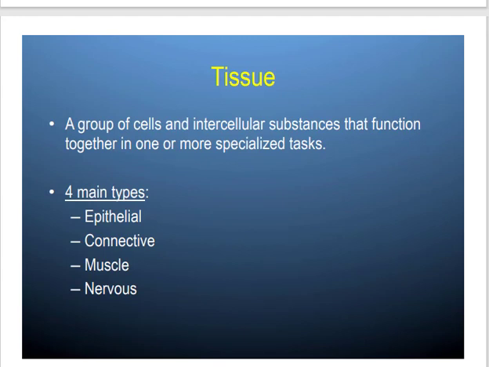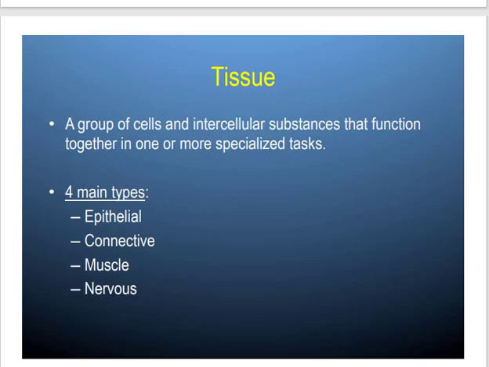As far as tissues in your body, again, they are groups of cells and various substances that work together to do a specialized task. You actually have four main kinds of tissues in your body: epithelial tissue, connective tissue, muscle tissue, and nervous tissue. Some of those are probably obvious as to what they're doing. For example, muscle tissue would help with building of muscles.